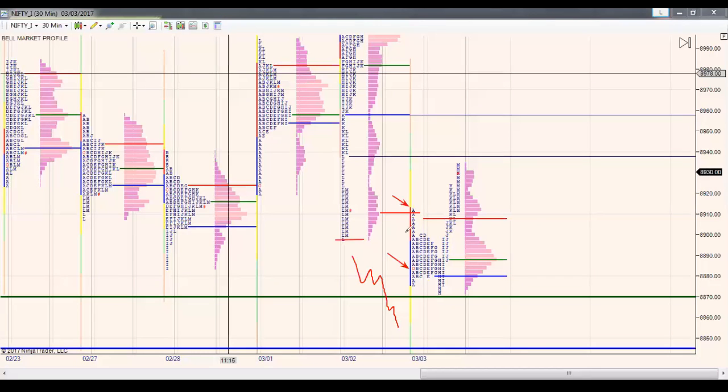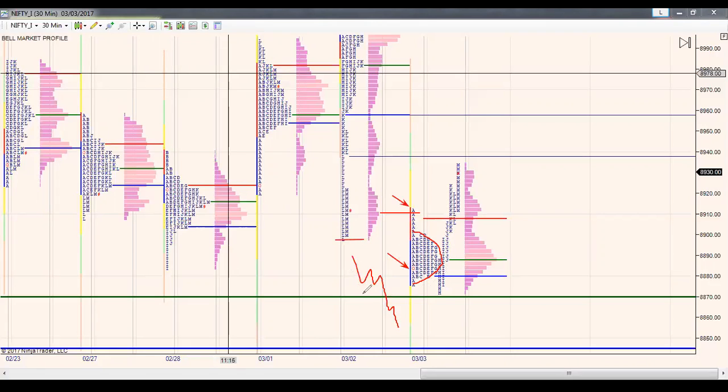What happens afterwards is you get a nice tight balance forming just below the spike low. During this balance, I had a neutral bias. Now, there were some conflicting signals.